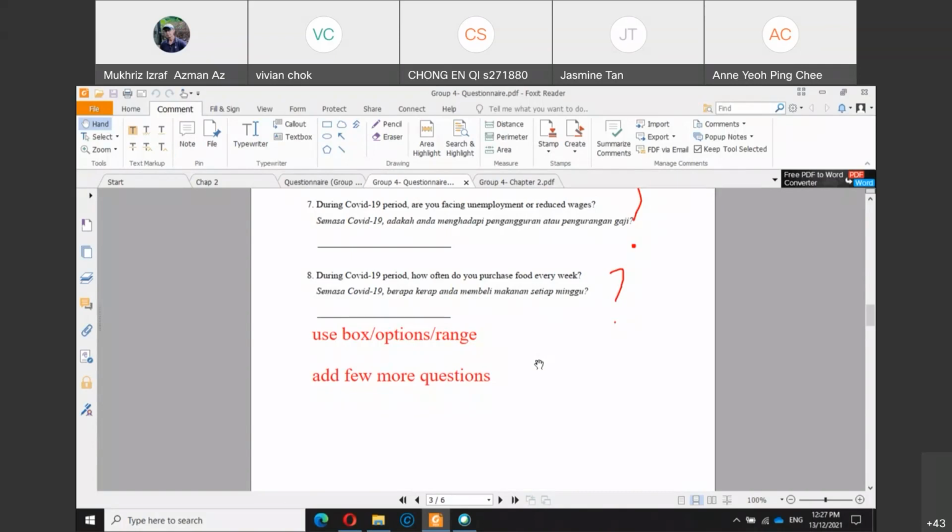You cannot use the same questionnaire targeted at working people and just change it, especially for Part A, the demographic section. So don't create your own questions. Combine a few questionnaires that you can find.